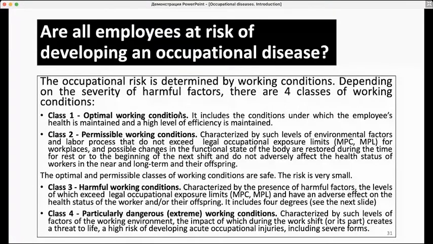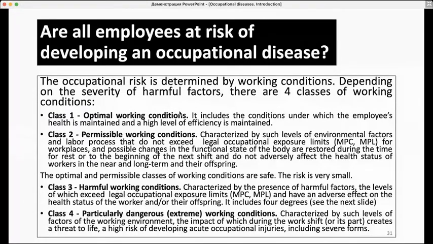The optimal, so first, and permissible, so second, classes of working conditions are safe in general. The risk is very small, and we can say that if someone works with optimal or permissible working conditions, there is no chance to be affected by his or her work.